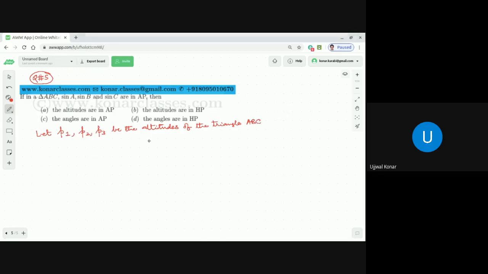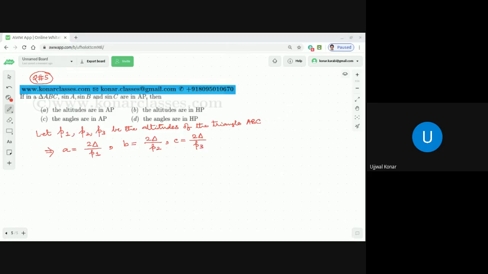Then there is a formula, dear students: a is equal to 2 delta by P1, b is equal to 2 delta by P2, and c is equal to 2 delta divided by P3.